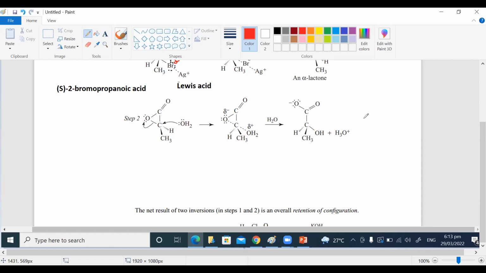You have your partially positive carbon here, and you have your partially positive carbon here, next to oxygen, which is partially negative. That's how you identify it. So which carbon will it choose, this carbon or this carbon?